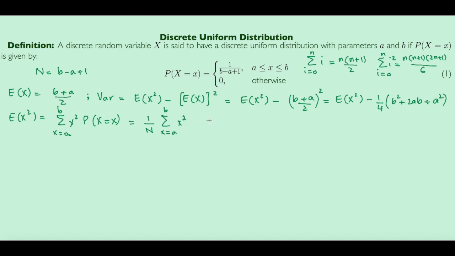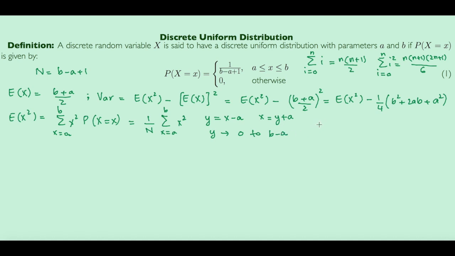So now let's make a change of variable here. We say y is equal to x minus a, so x becomes y plus a, and the limits of y will be from 0 to b minus a.